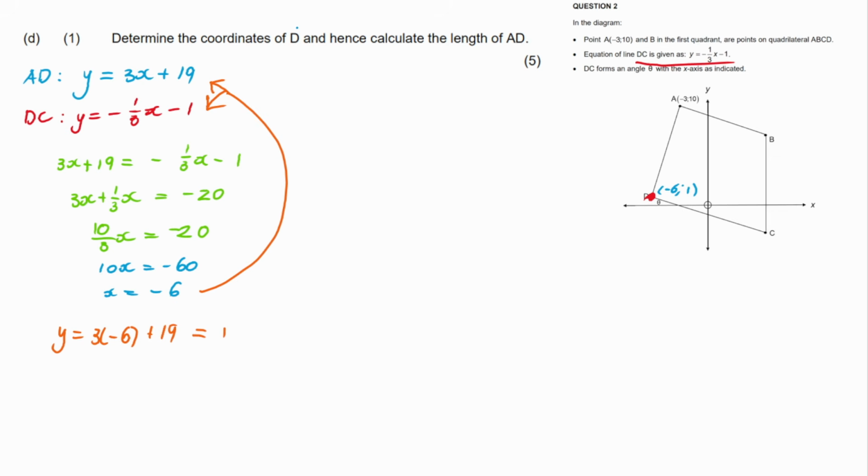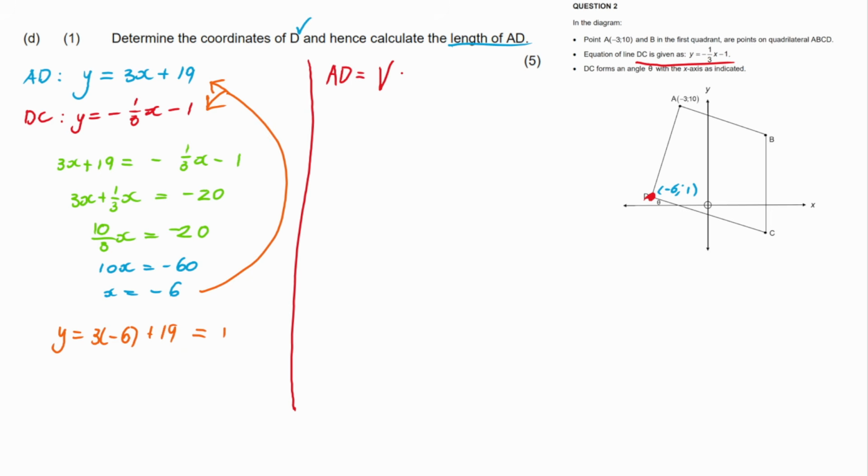So we've got this first part, the coordinates of D, but we have to calculate the length of AD. So we're going to have to use our distance formula. So the distance of AD is just given by the distance formula.